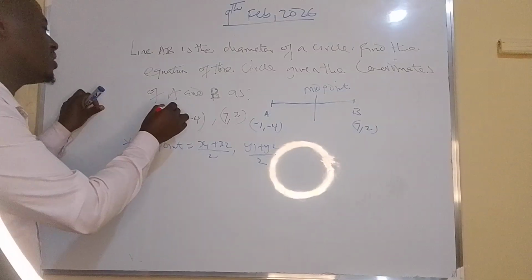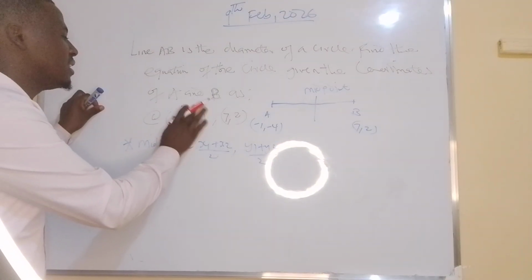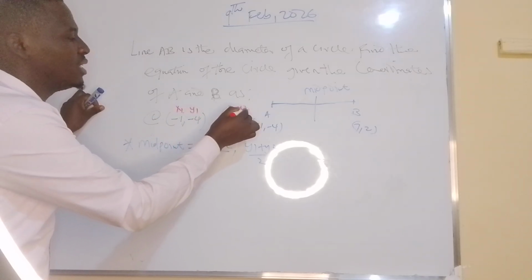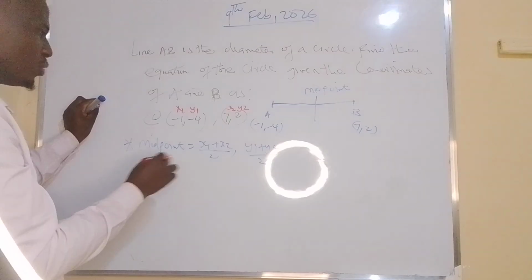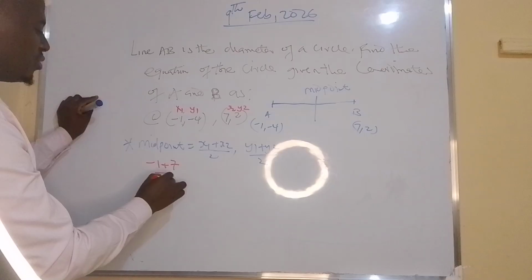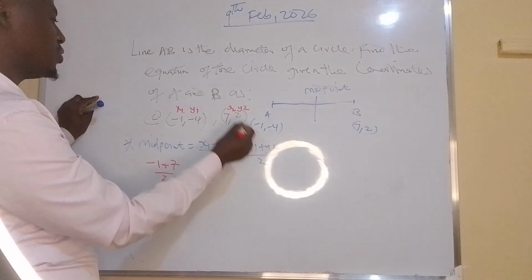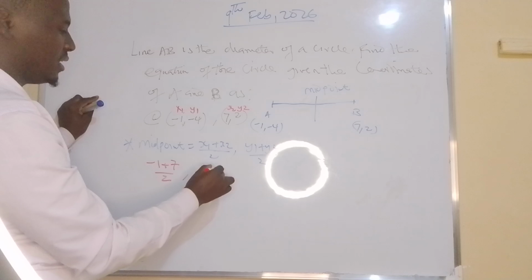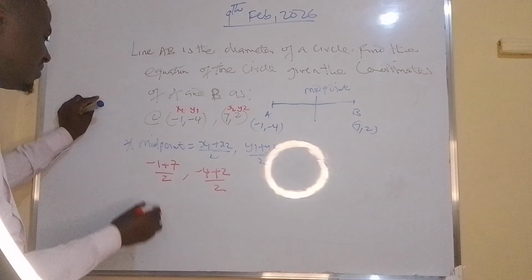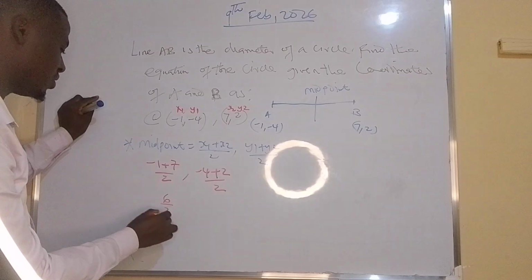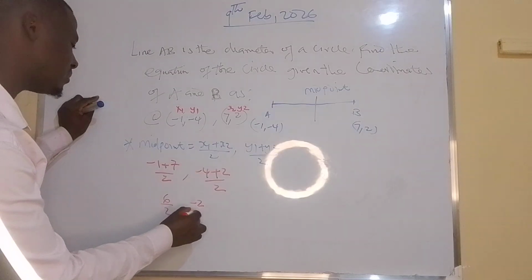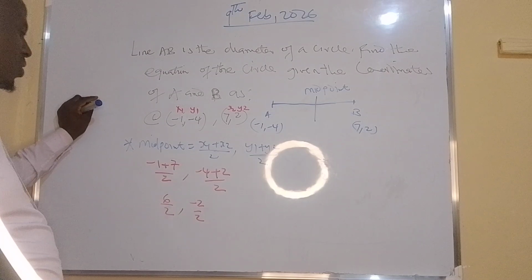Obviously this is x1, y1, x2, y2. So x1 plus x2 is -1 plus 7 over 2, comma, y1 plus y2 is -4 plus 2 over 2. -1 plus 7 gives you 6 over 2, comma, -4 plus 2 gives you -2 over 2.